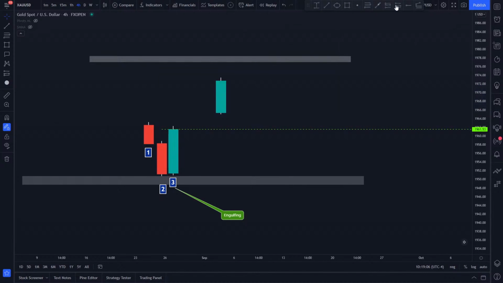So we have one. Let's go ahead and draw out our second bullish candle. Normally what it does is it likes to touch the zone as a rejection, right? So sometimes it'll even give us that wick to show rejection.